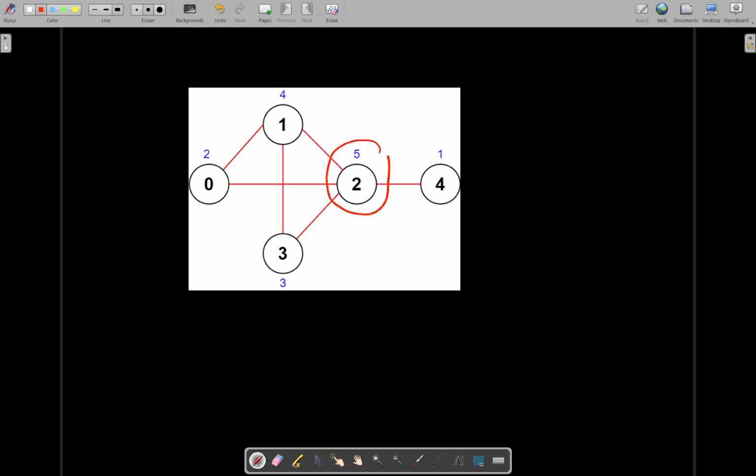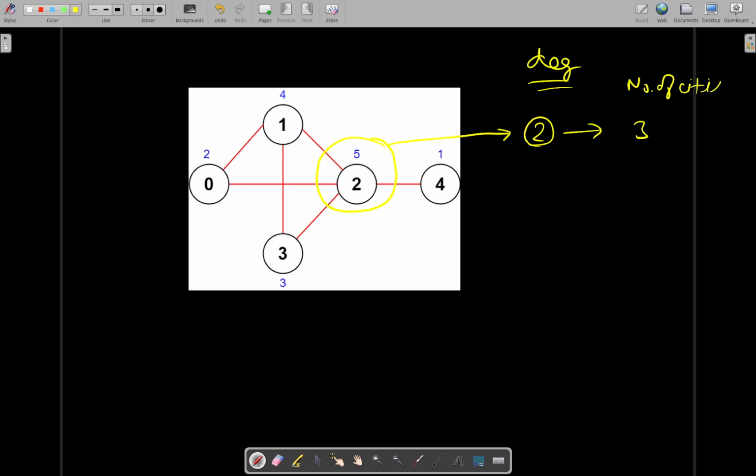For example, 2 was connected to three different cities, so its connection degree, you can say the degree for 2, will be 3. So 3 cities it was connected to, so its degree was 3.